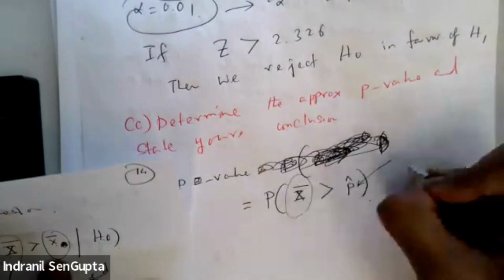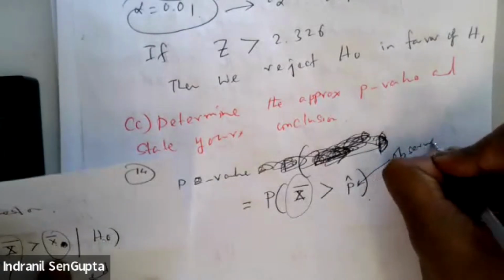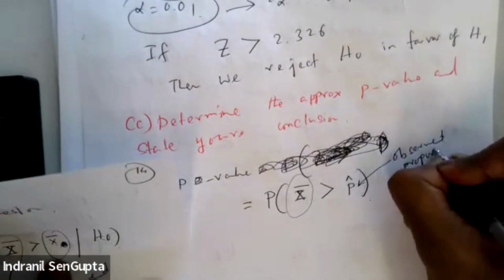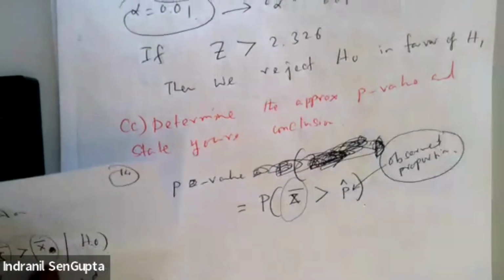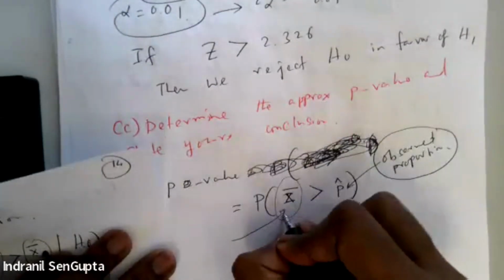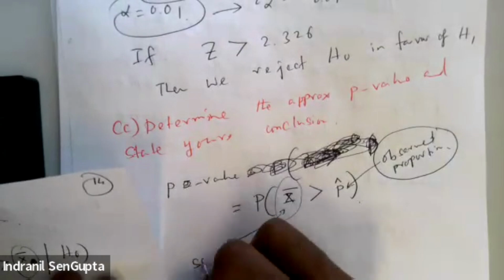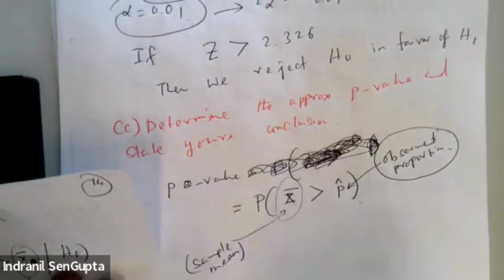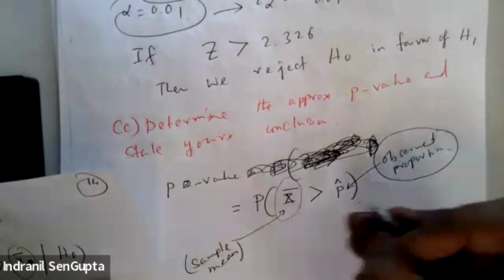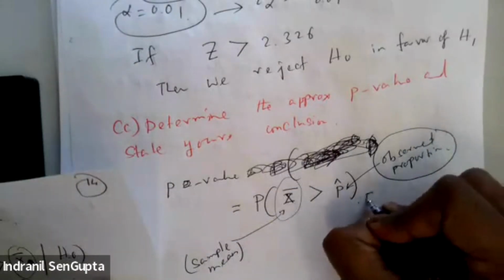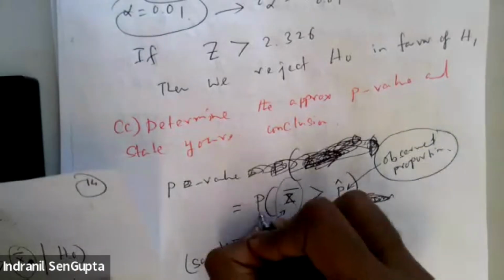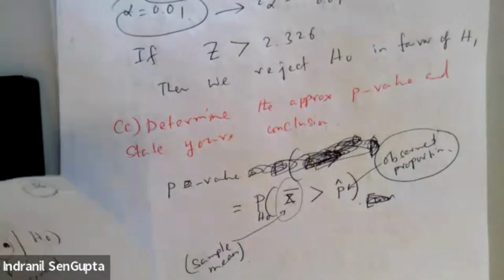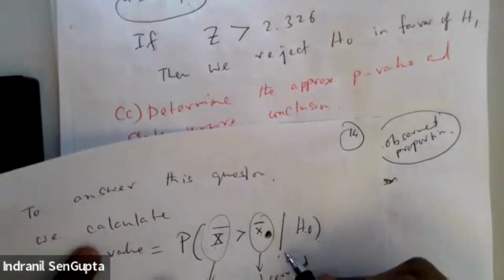This is the observed proportion, which is the mean, and this is the sample mean as a random variable under H0, so let me write given H0.